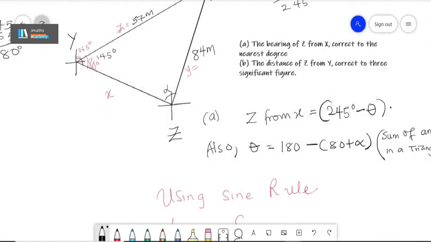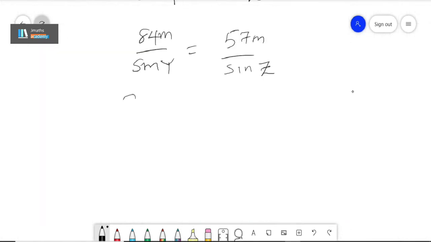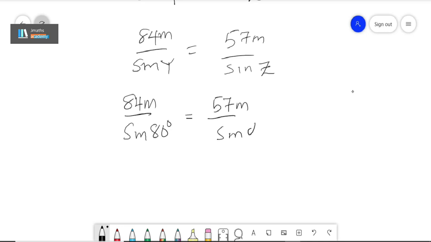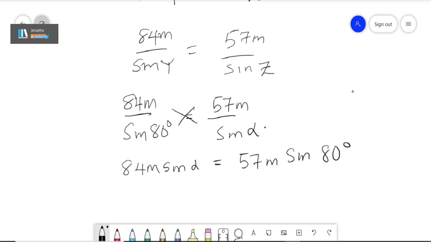The angle of y is 80, so we have here 84 meters over sine 80 degrees is equal to 57 meters over sine alpha. So to find alpha, we cross multiply. We have 84 meters sine alpha is equal to 57 meters sine 80 degrees.